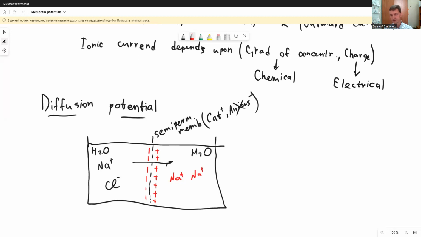So this charge created on the membrane we can call diffusion potential. And actually in the cellular membrane, the diffusion potential is created by the ionic currents through the cellular membrane, which is explained by the presence of specific ion channels on the cellular membrane in the resting period.